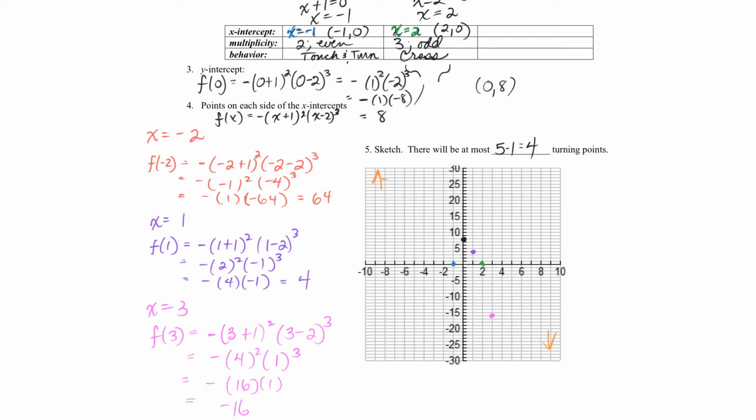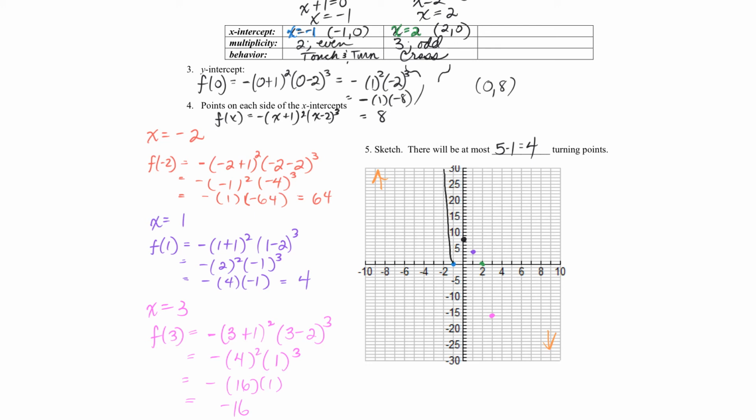Because I know that at negative 2, it needs to be all the way up here at 64, right? So touching and turning, it's going to come from somewhere up here. It's going to come down, turn around. At some point, it's going to turn back around and come through here, right? And then it's going to cross at 2, and then it's going to head on its way back down, right? So I can go ahead now and create my rough sketch.